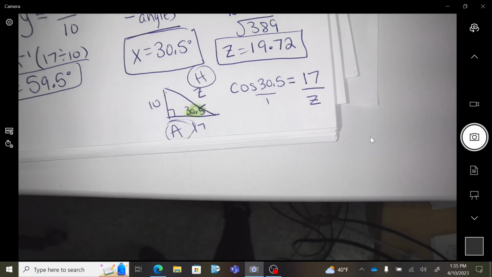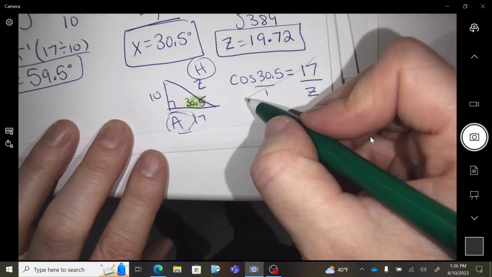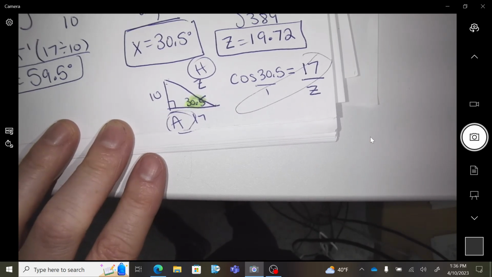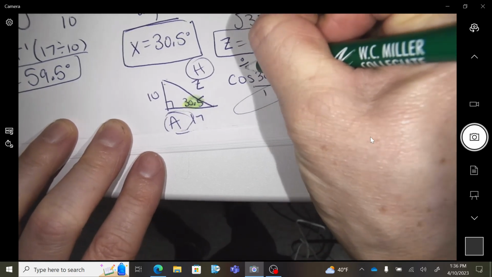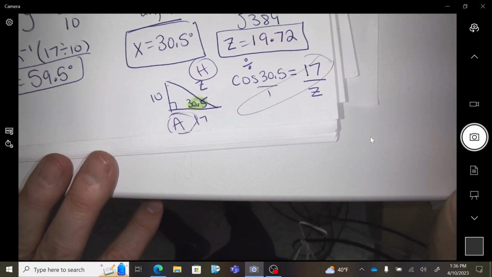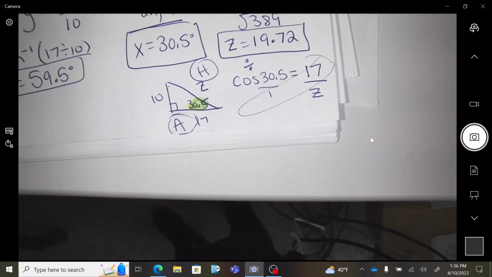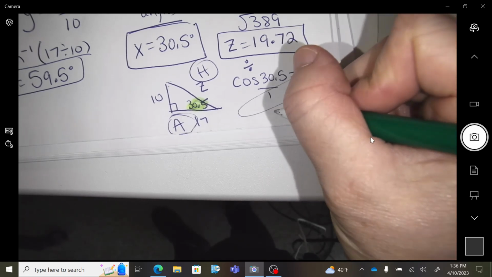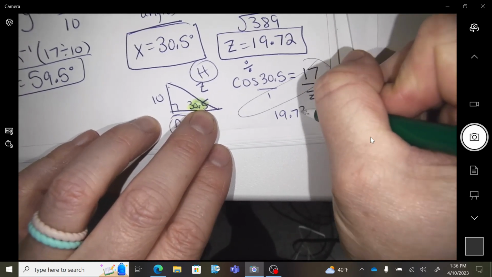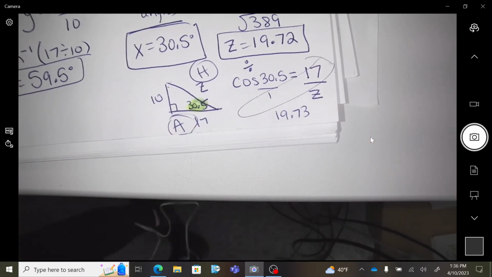And then I always said, what diagonally multiplies, and then divide the other thing. So the diagonal multiply is that divided by that. Multiply, divide. Do we get, hopefully, the same answer? Close. 19.73. I got 19.73. Yep.